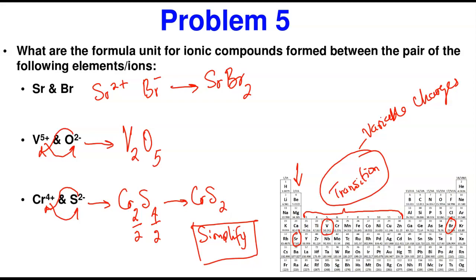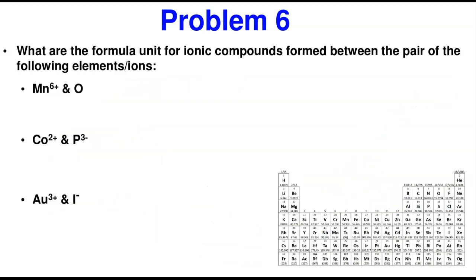All right, and the last page, but not the least, is also some of those problems I talked about. Manganese 6 plus and oxygen. Again, we always know oxygen is in group 6 and it has to gain 2 electrons. That's what it has to gain, 2 electrons. So I'm going to put 2 minus here. And again, I'm going to swap it. So this 2 is going to go here and this 6 is going to go here. What do I have there?